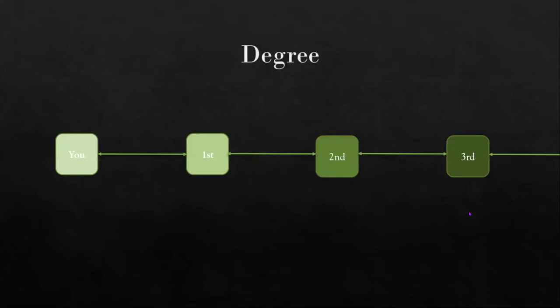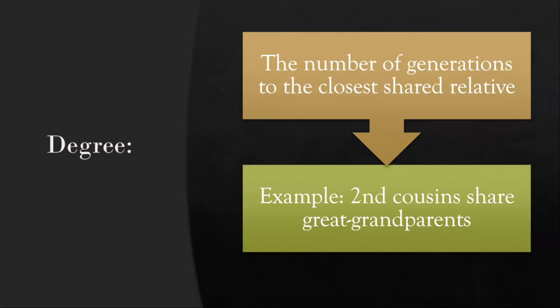All right, so when it comes to degree, it's about how separated you are by distance to a common relative, the number of generations to that closest shared relative. By way of example, if you have a second cousin, then that tells you that you share great grandparents.